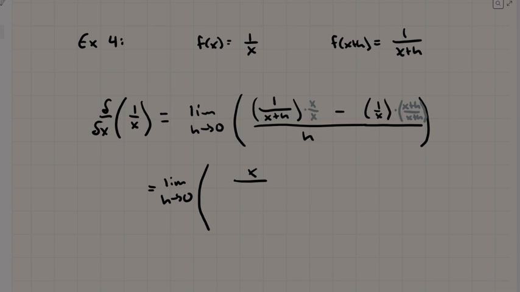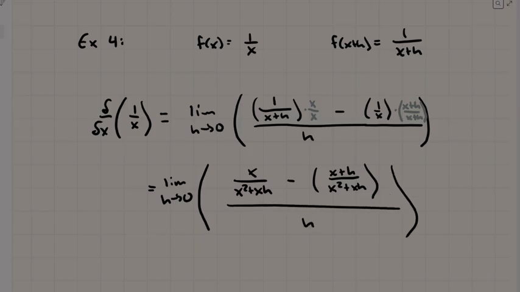That would just be x squared plus xh. And then that's going to be minus, now we've got x plus h times 1 over x times x plus h. That's x squared plus xh. All right, and that's divided by h.